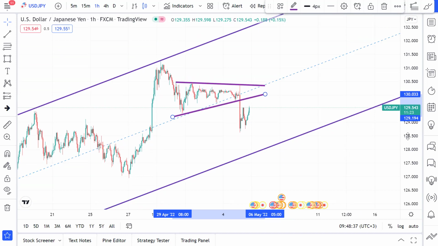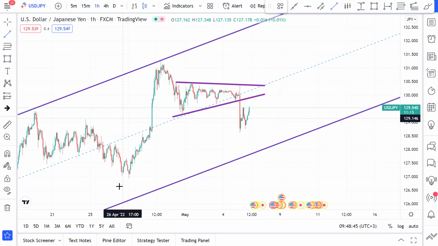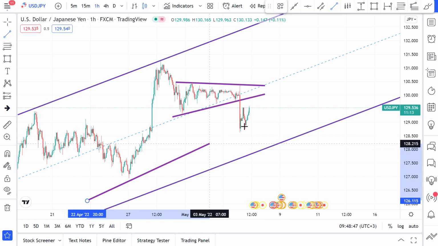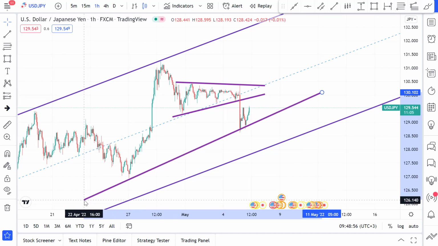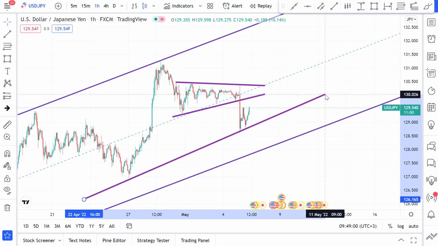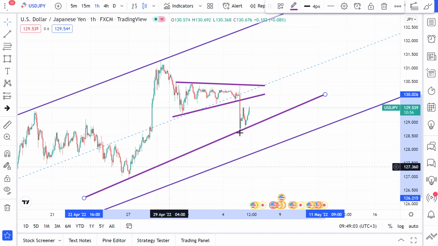But what I expect is, if you see this line and draw the line completely parallel, we could have a small channel here, and you can see these zones, 1, 2, and 3.